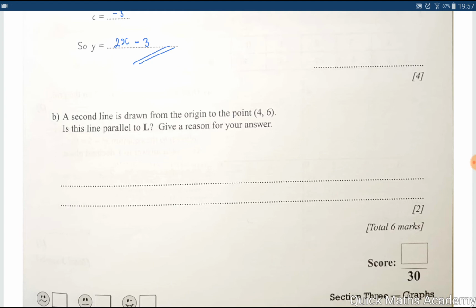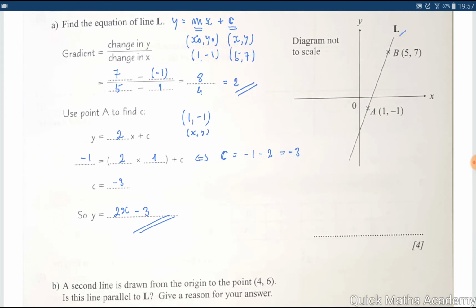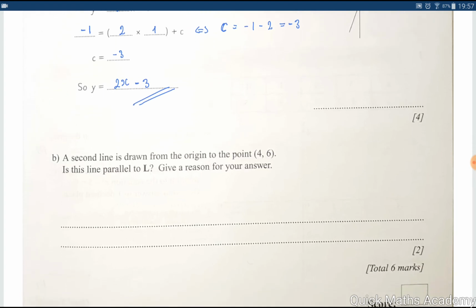I repeat it. For any line to be parallel to this line L, the gradient must be the same, must be 2. You cannot have two parallel lines with a different gradient. The gradient must be the same between parallel lines. So if they are asking, is this line parallel to L?